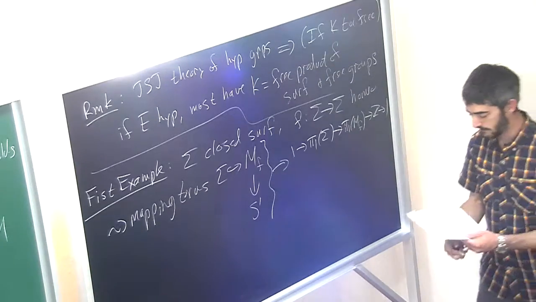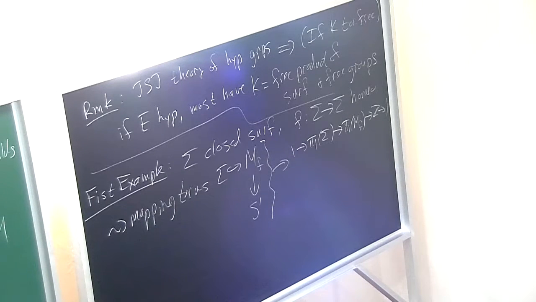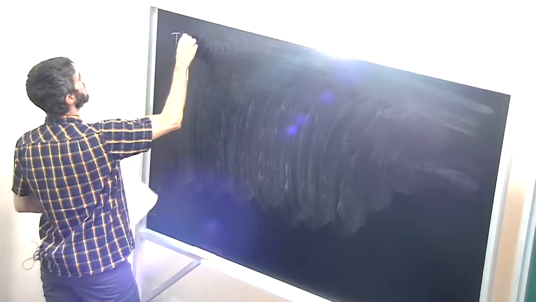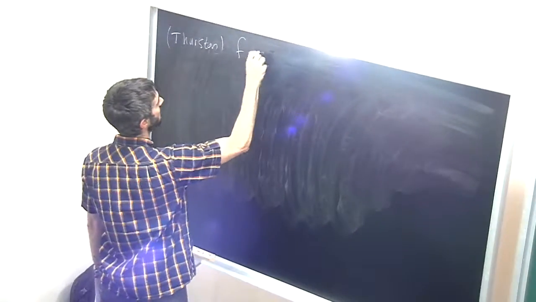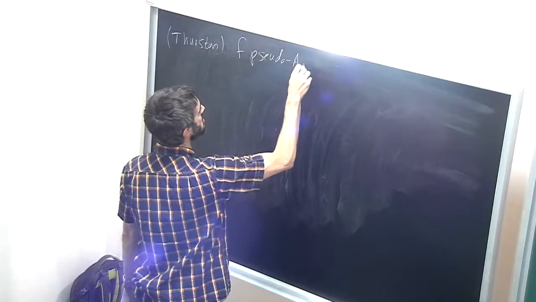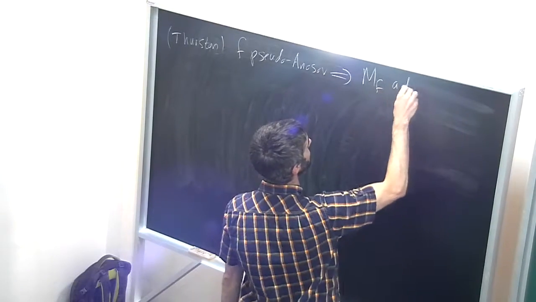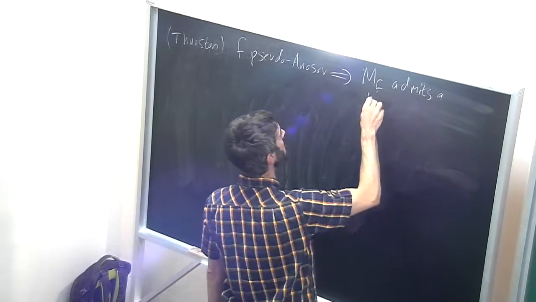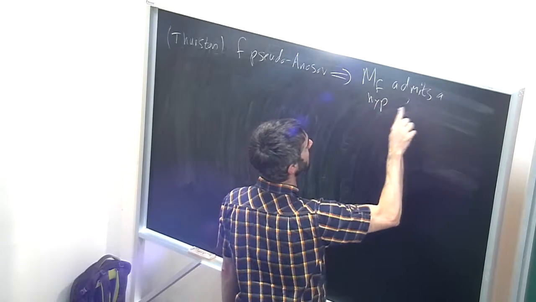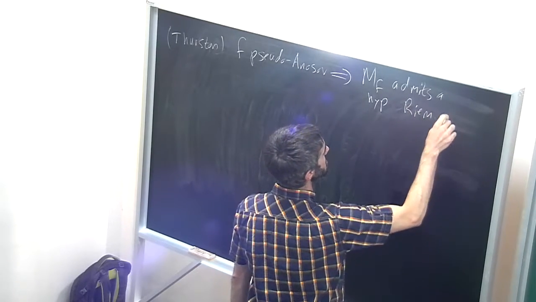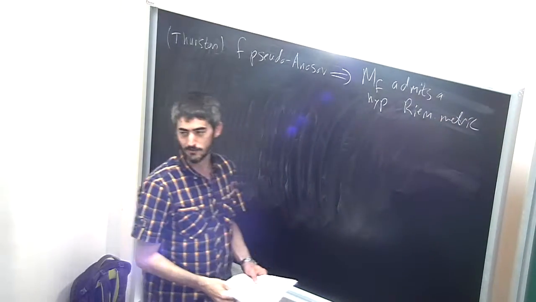Okay, and the theorem of Thurston, an amazing theorem, says that if f is pseudo-Anosov, this implies that this 3-manifold admits a hyperbolic structure, or a hyperbolic Riemannian metric, as Jing mentioned this morning.